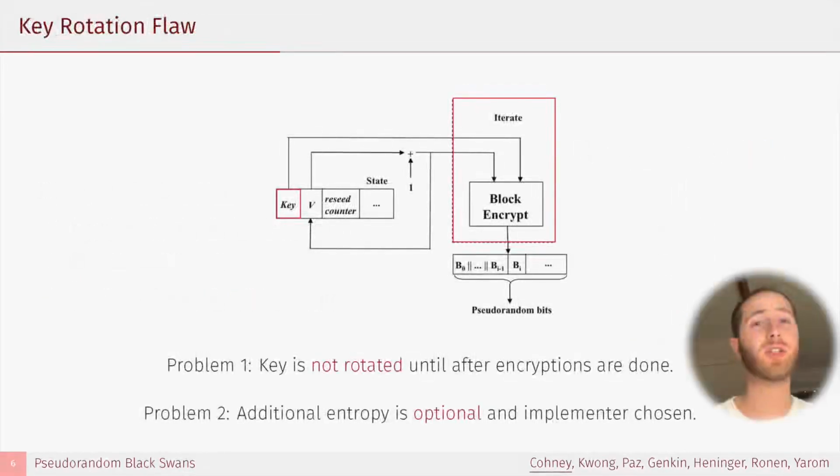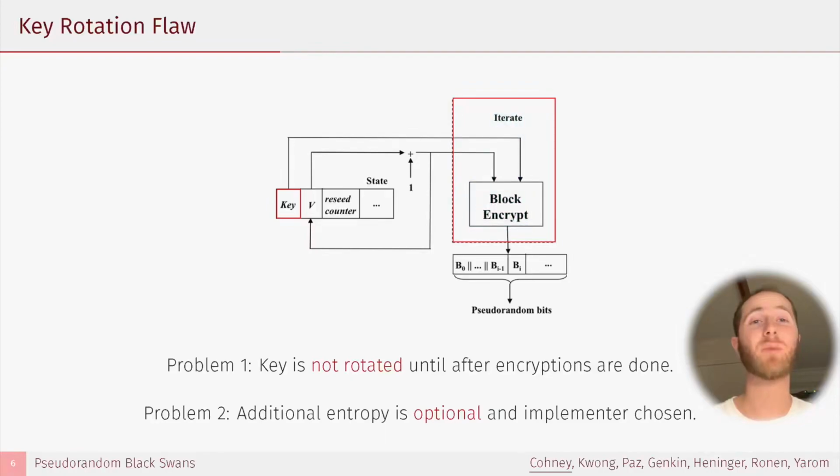This design looks not so bad at first, but Woodage and Shumow noticed a subtle flaw. Problem number one. The key is not rotated until after the encryptions are done. The loop in the output generation phase does not include key rotation, potentially allowing a large number of encryptions to occur under the same key.